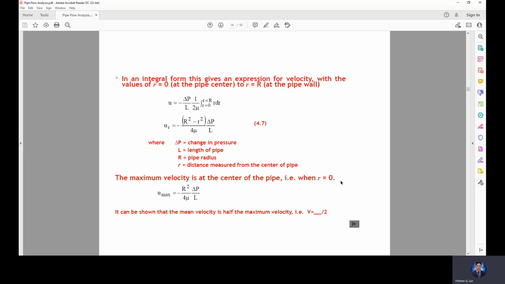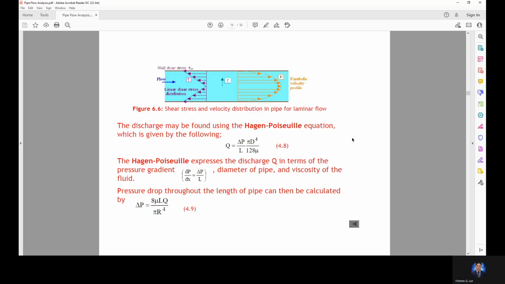We will return to this later in our discussion in other contexts. Okay? So the discharge may be found using the Hagen, I don't know, he sounds like a French or Belgian man, Poiseuille. If we read this in English it's Poiseuille.